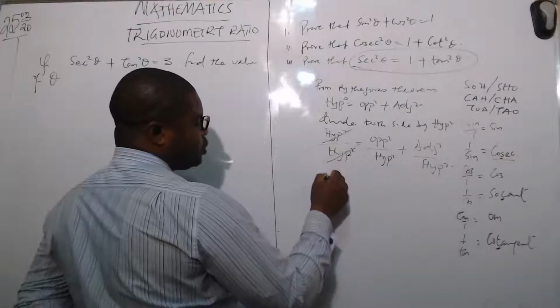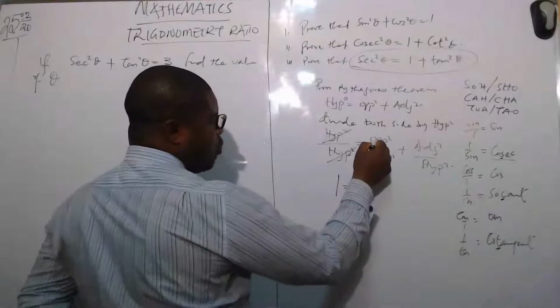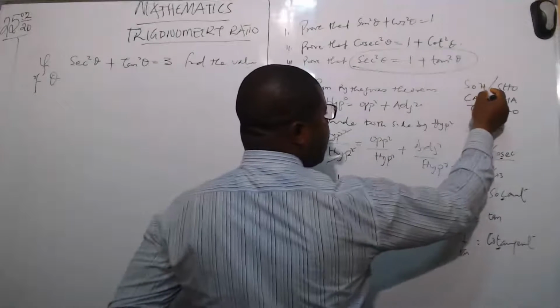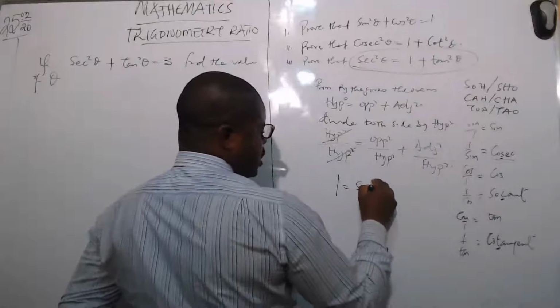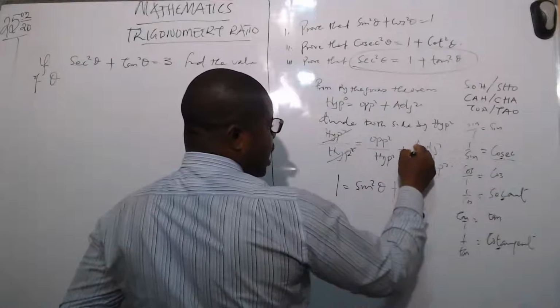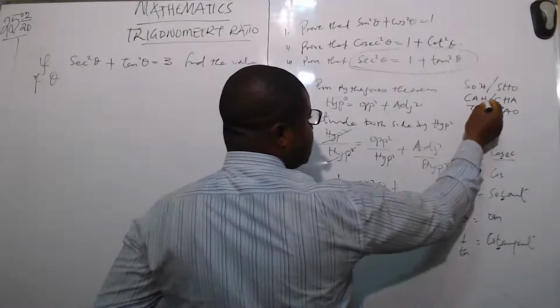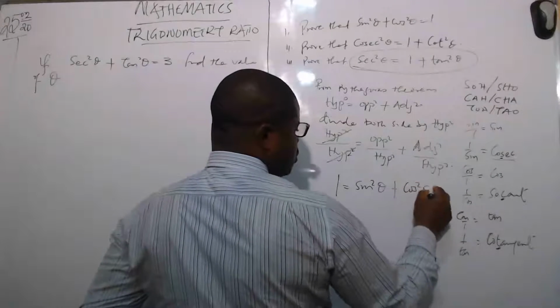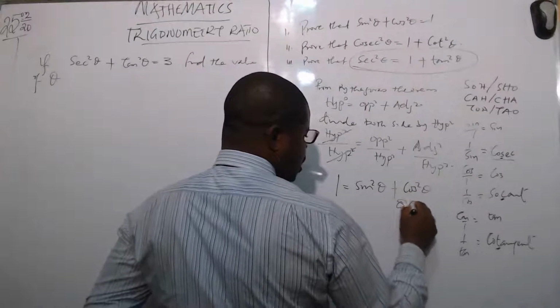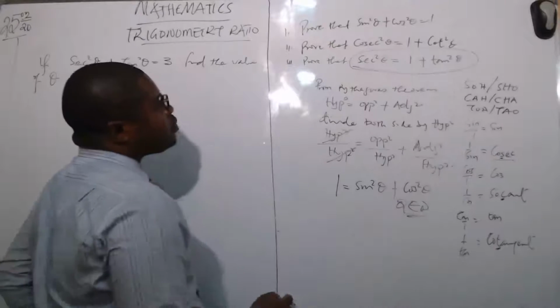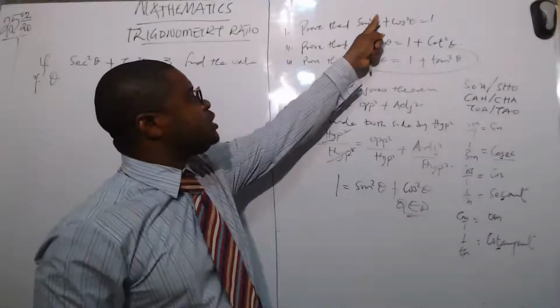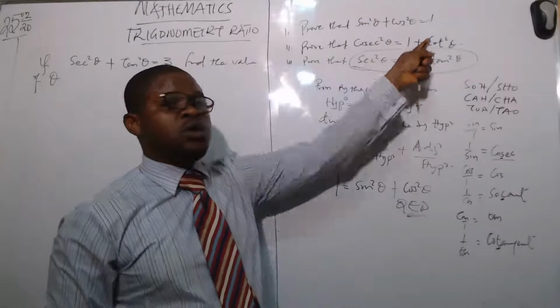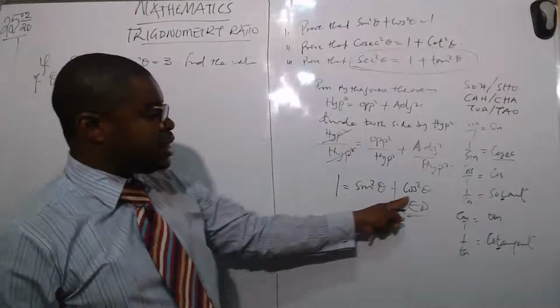Hypotenuse divided by hypotenuse will give you 1. Opposite over hypotenuse is sine square theta. Adjacent over hypotenuse, we're going to have cos square theta. So we have QED. Prove that sine square theta plus cos square theta is equal to 1. So that is how we got it.